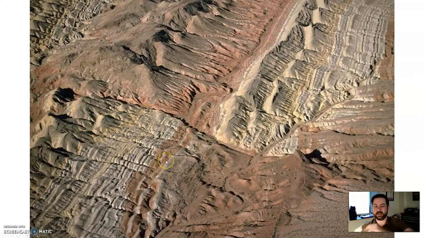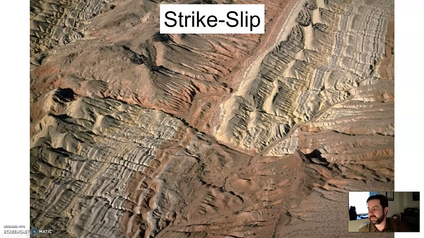So this is not a normal fault or a reverse fault. There's no up and down movement. This is all side by side motion. It looks like this top part, the part just above the fault, went to the right. The portion below the fault went to the left. That's making this a strike-slip fault.